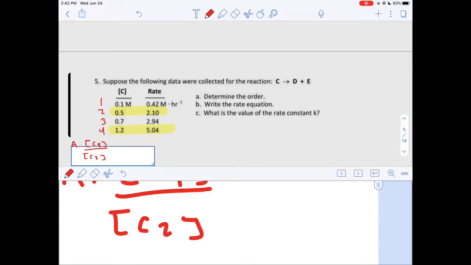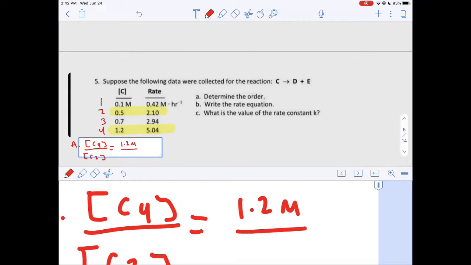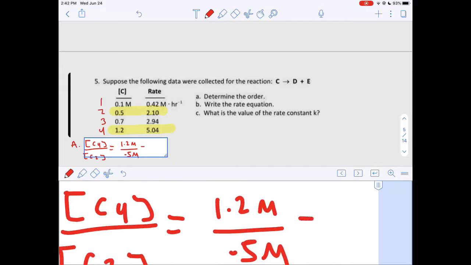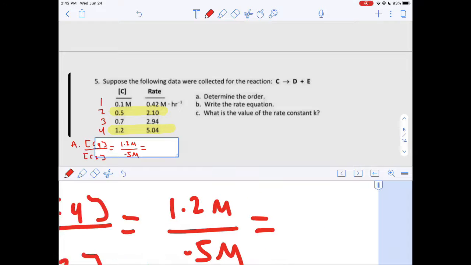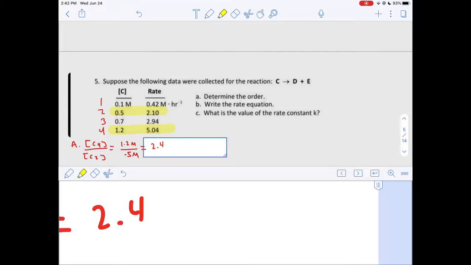So now you can kind of visualize what I was just talking about, which is 1.2 M divided by 0.5 M. And when you type that in your calculator, you should get 2.4. Now you're going to do the same exact thing with rate 4 divided by rate 2.